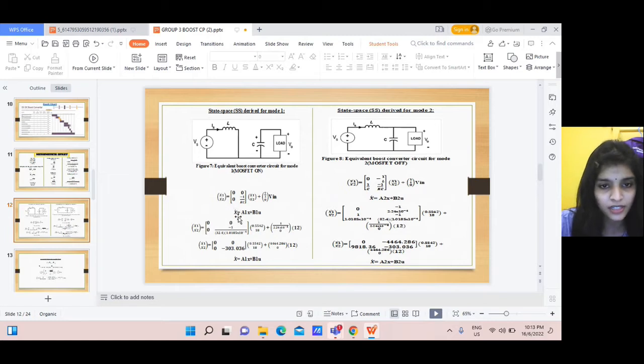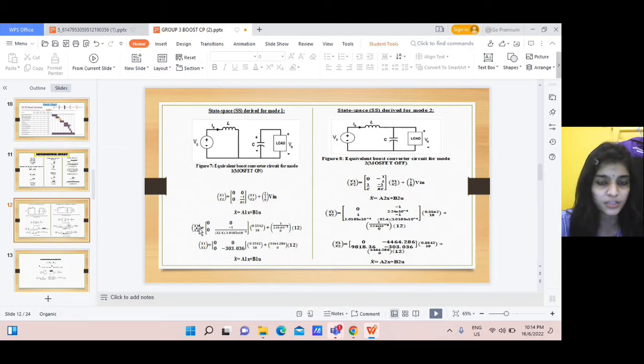So x dot, the differential of x, will be equal to A1 x plus B1 u, since I consider mode 1. So this is the equation with the matrices, and then we substitute the values, and then we can get the derivations.